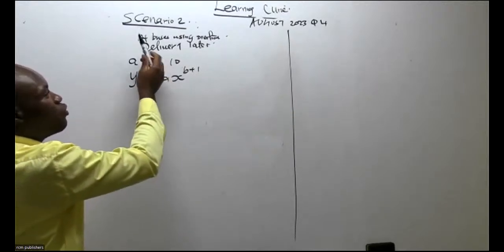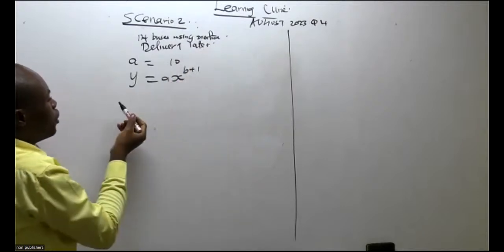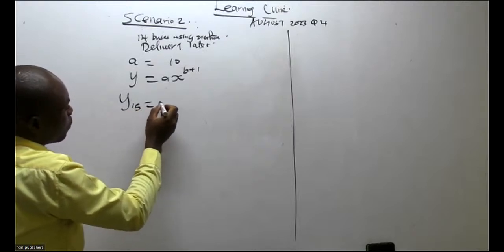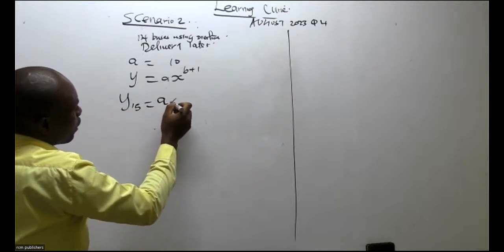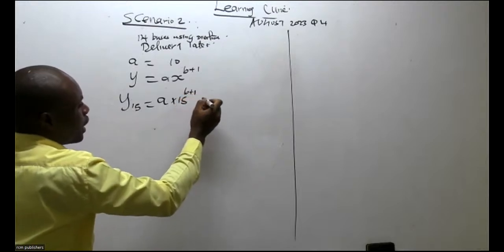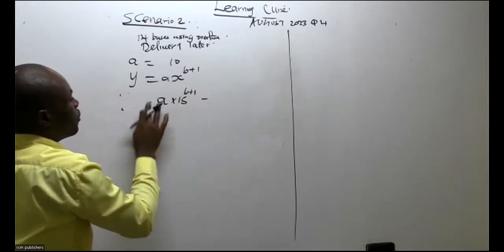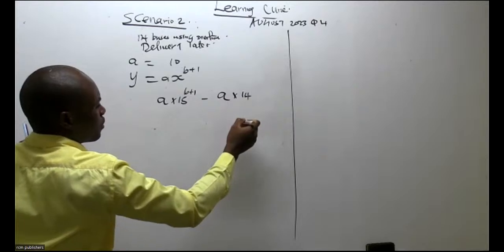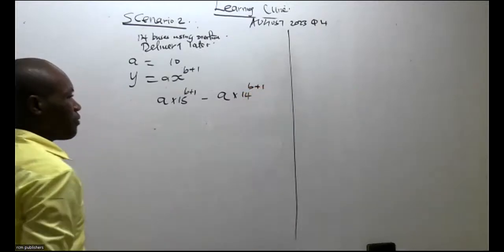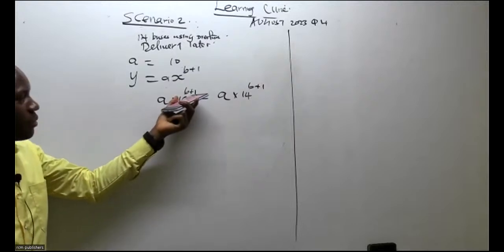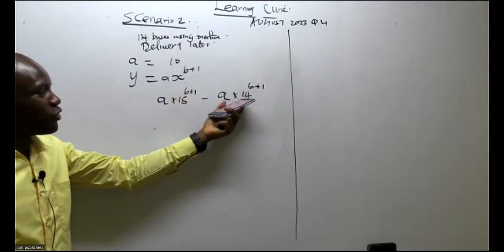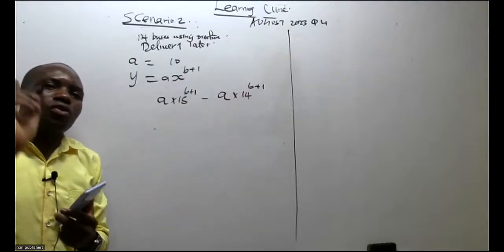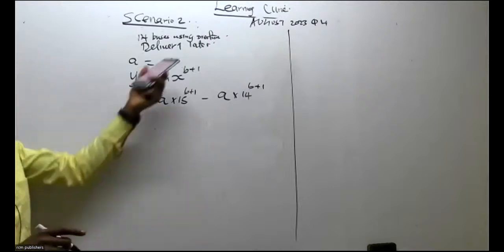For you to get the time taken to produce this 1 bus, you need to give us Y at 15, which is equal to A times 15^B plus 1, less A times 14^B plus 1. If you take the time taken to produce the 15 buses, less the time taken to produce the 14 buses, that difference will enable you to get the time taken to produce the 15th bus, which they are going to deliver later.